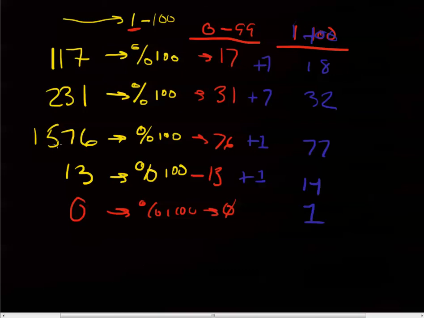The general rule of thumb is mod by the number of numbers. In this case, I had 100 numbers, so I modded by 100. If I only wanted 50 numbers, I would mod by 50. Then add the minimum, the minimum number in your range. So let's look at another example.